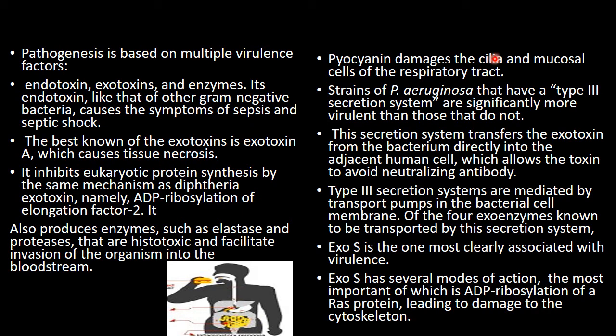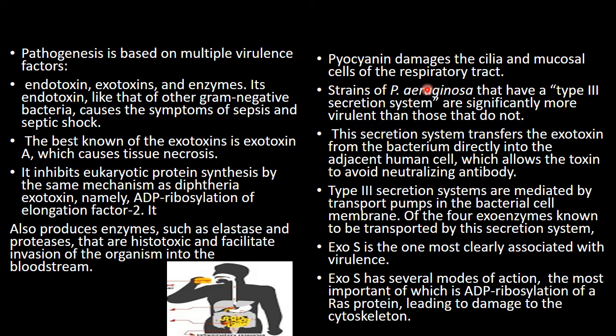Cilia have the ability to expel sputum and microorganisms from the body, but pyocyanin damages the cilia and mucosal cells. Mucus is not produced and cilia movement is restricted. So what will happen? Pseudomonas aeruginosa causes infection in the respiratory tract.